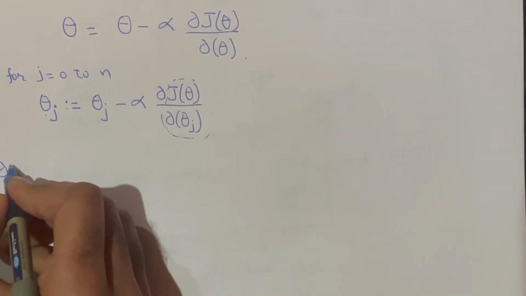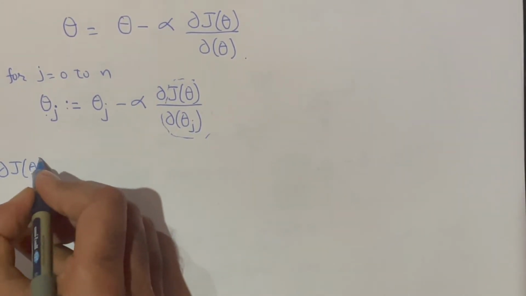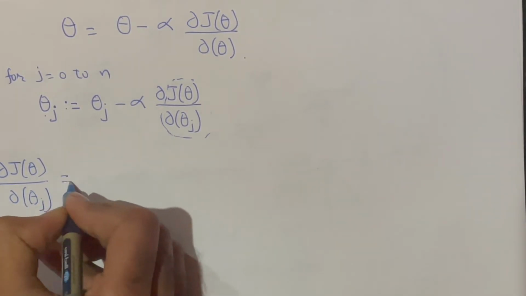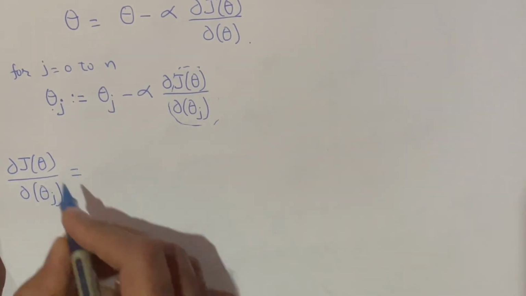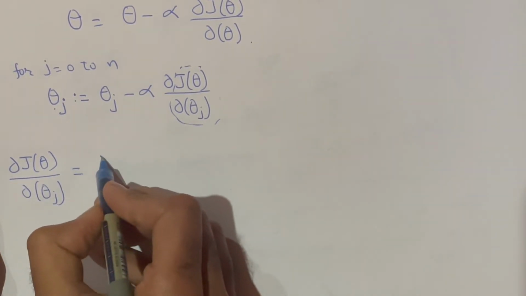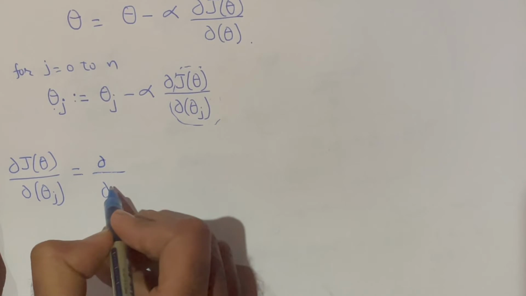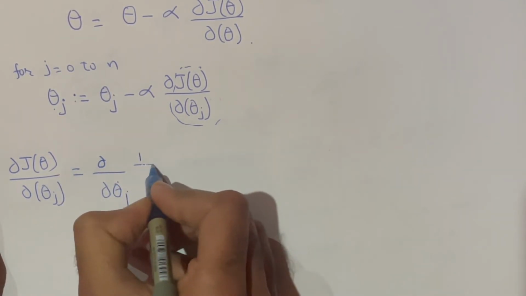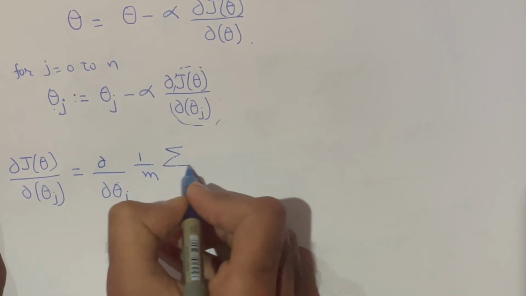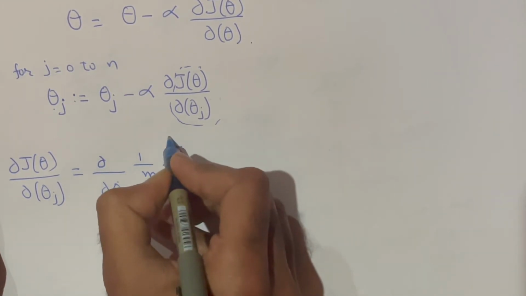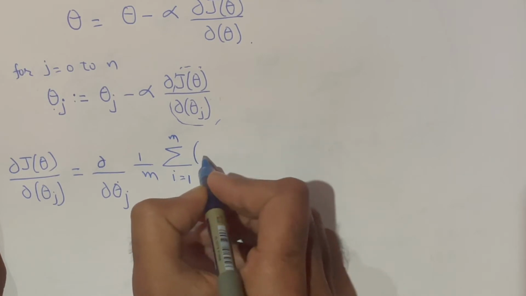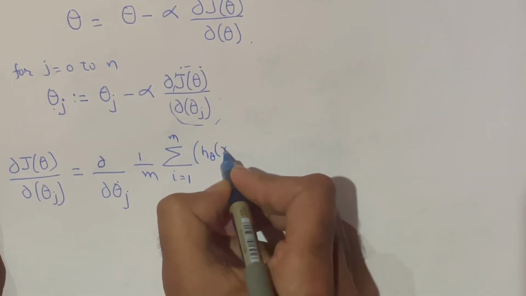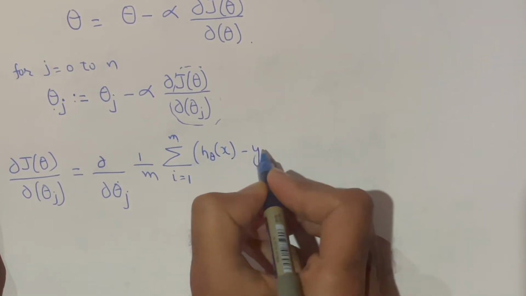So differentiation of J theta with respect to theta j will be equal to, so what is our J theta? It will be differentiation of, so J theta is our 1 by m summation i running from 1 to m, h of theta x i minus y i whole square.